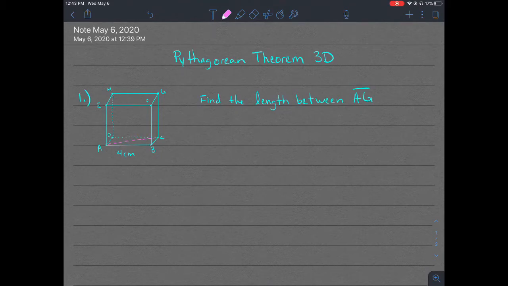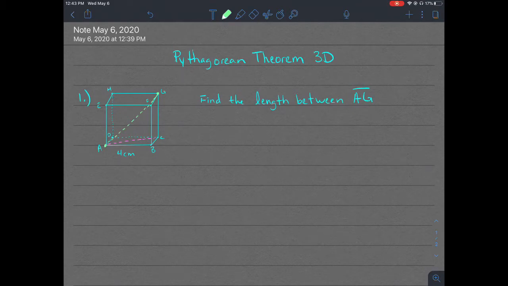Because we're trying to find A to G, G all the way up here, A all the way down here. Now you got to think about it. This actually goes through the middle of this entire cube from A to G. First, we need to find A to C because we need that bottom length.